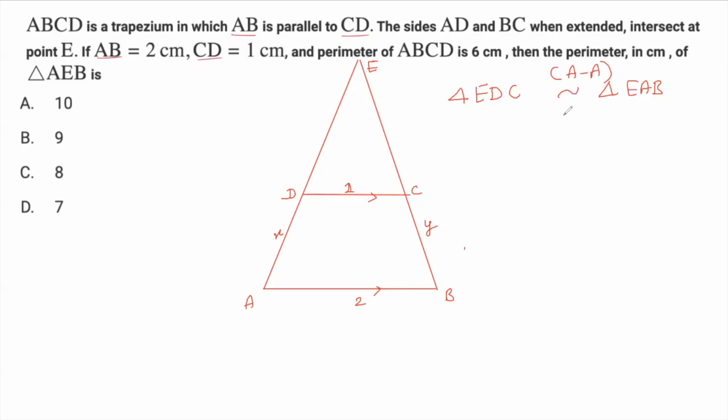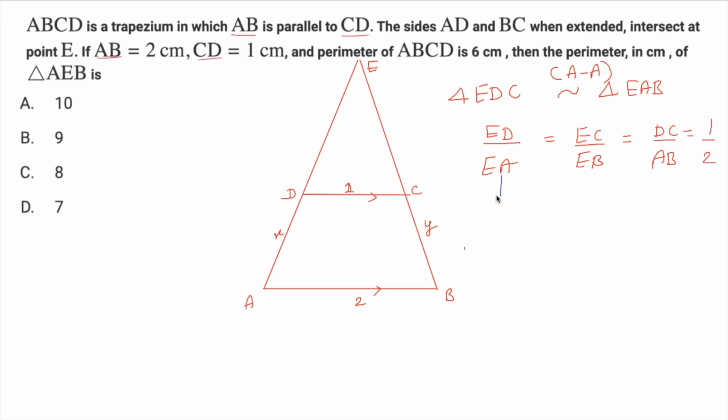So in this case, we simply write the ratio of the corresponding sides. We can see that ED upon EA should be equal to EC upon EB should be equal to DC upon AB. Okay. Now, the question already gives us the values of DC and AB. DC has been given as 1 and AB has been given to us as 2.